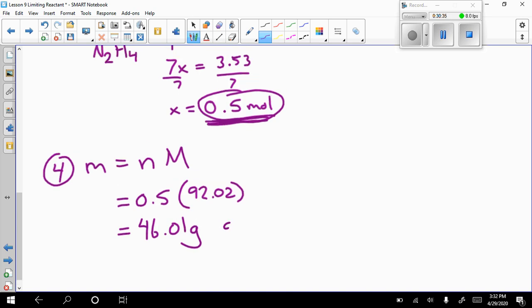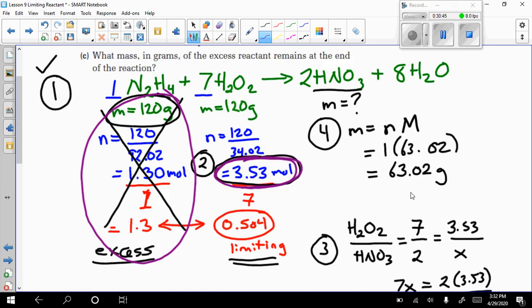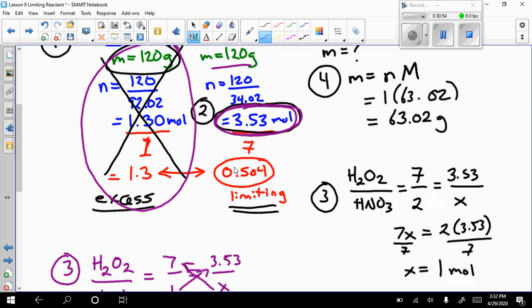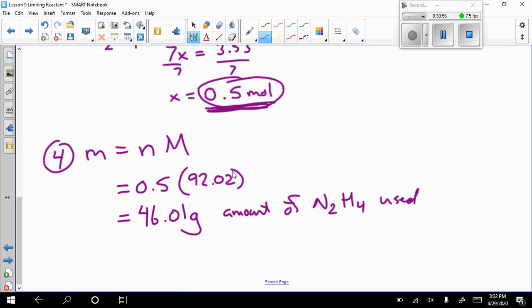That's the amount of N2H4 used. So as that H2O2 was running out, I was running out. Eventually, the 120 grams disappears. It's done. At that point, I've used 46 grams of the N2H4.